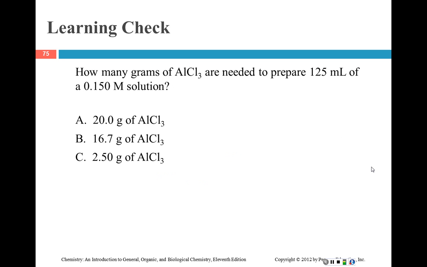How many grams of aluminum chloride are needed to prepare 125 milliliters of a 0.150 molar solution? All right, start with what you're given. 125 milliliters times 0.150. M is the same as what? Moles over liters. So 0.150 moles per 1 liter.